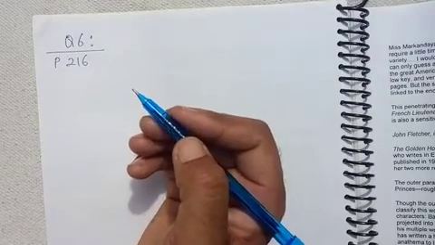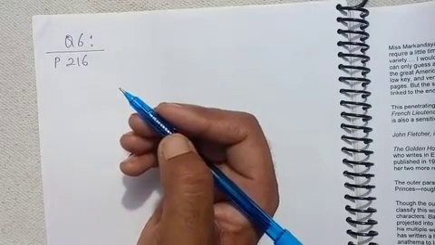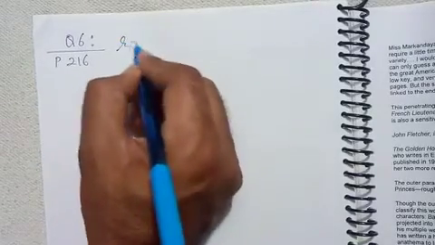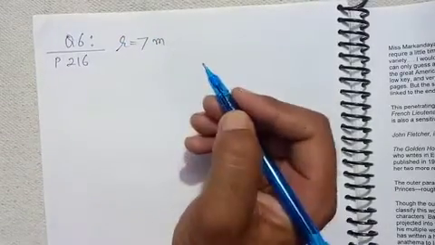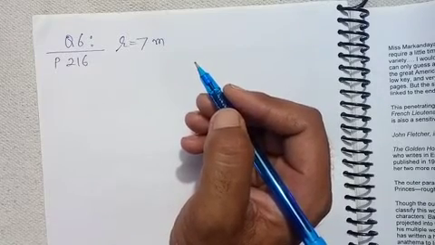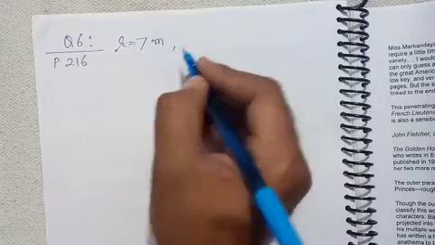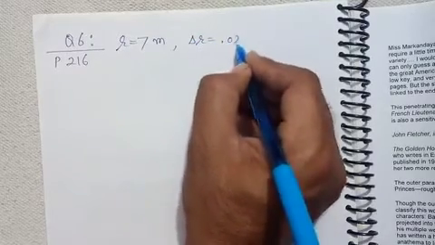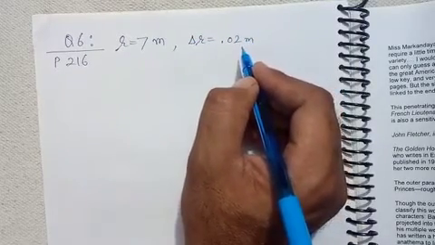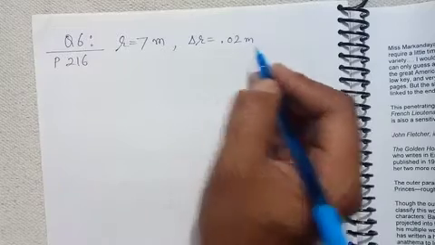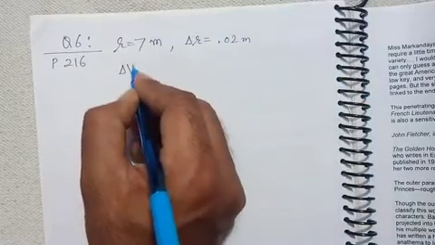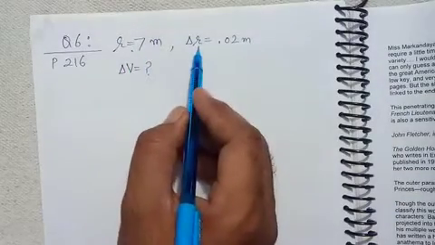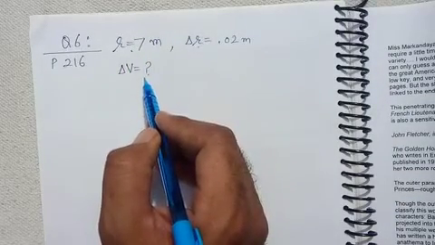If the radius of a sphere is measured as 7 meters, r equal 7 meters, with an error of 0.02 meters, so error in radius, delta r, is 0.02 meters, then find the approximate error in calculating its volume. It means find out delta V. R is given, delta r is given, find out delta V for a sphere.